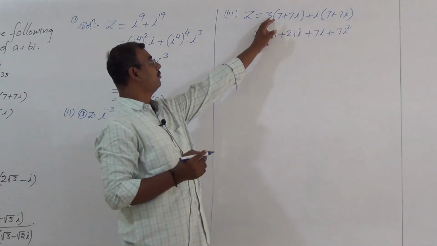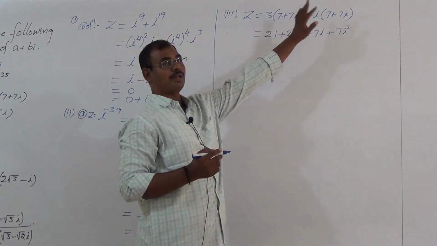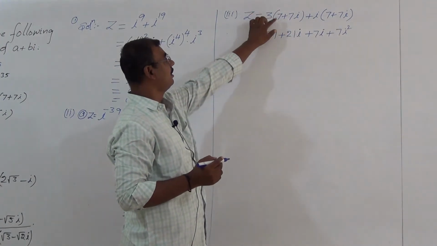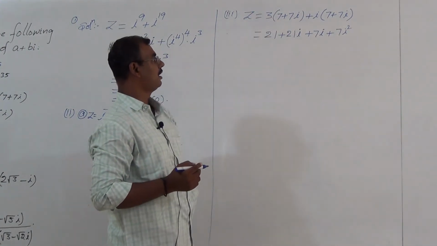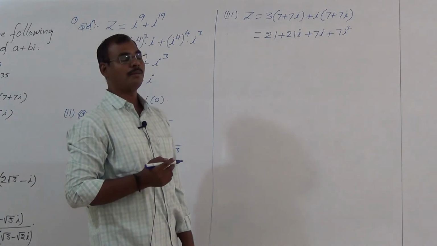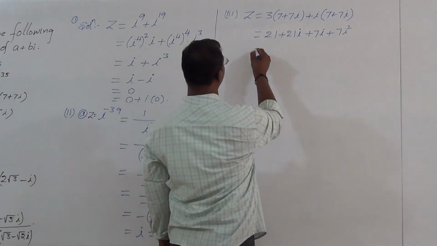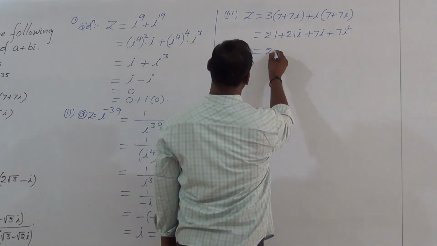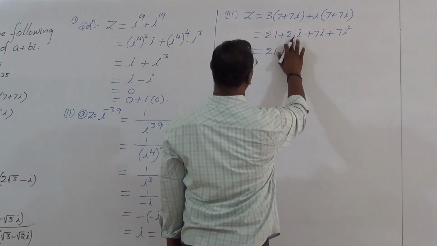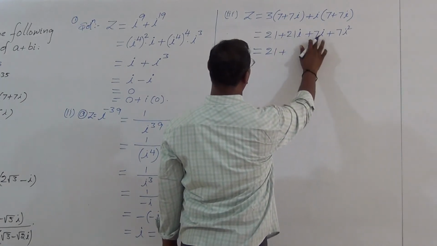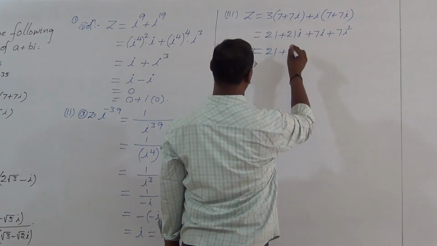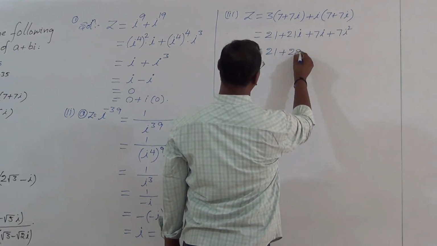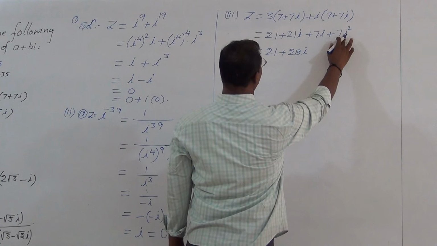Multiplying by 3, and multiplying by iota: 21 plus 21 iota plus 7 iota plus 7 iota square is equal to 21 plus 21 iota plus 7 iota, imaginary part adding 28 iota, plus 7 iota square.